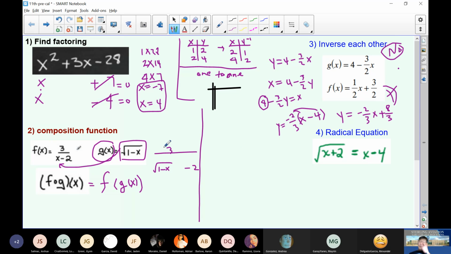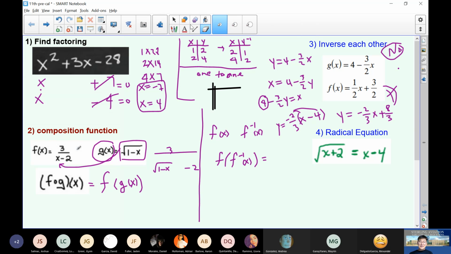So, you know, an inverse relation is when you put the function, and that's the inverse, right? Inverse function. Imagine this is a composition function, right? It always gives you x.